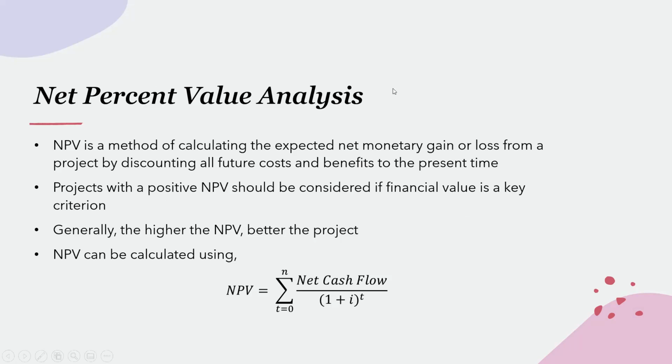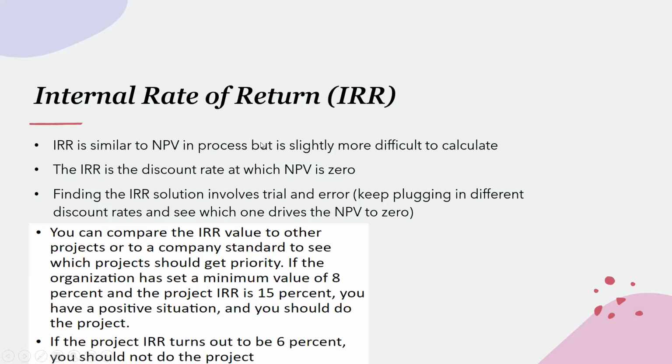Let's move on to the internal rate of return, IRR. The IRR is also similar to the NPV in process, but it has some slight changes and it is more difficult to calculate. The IRR is a discount rate at which NPV is 0.